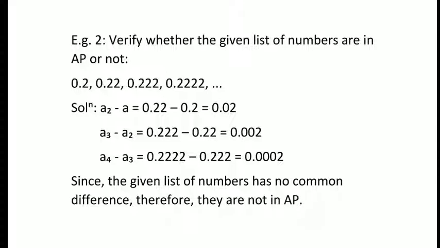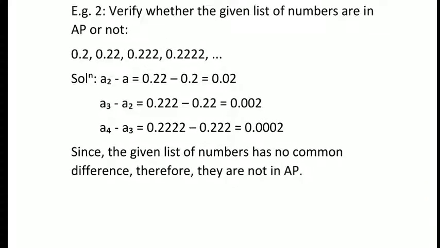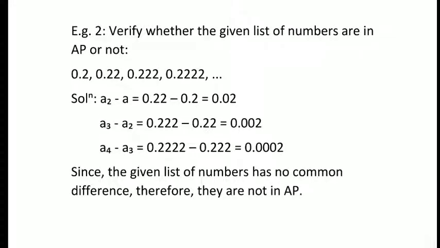So what is your conclusion? The final conclusion is they are not in AP. Since the given list of numbers has no common difference, therefore they are not in AP.